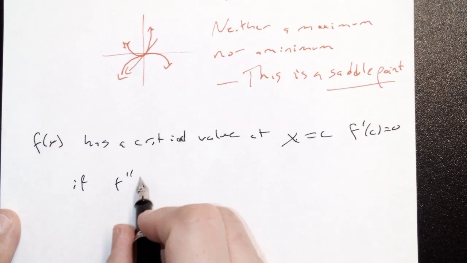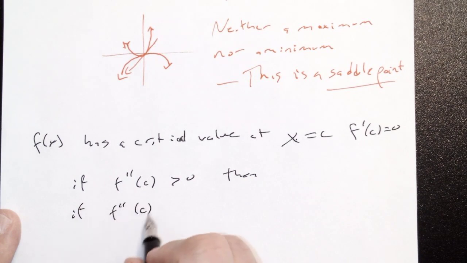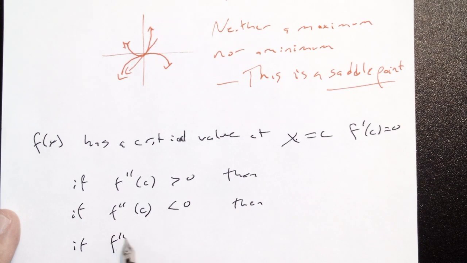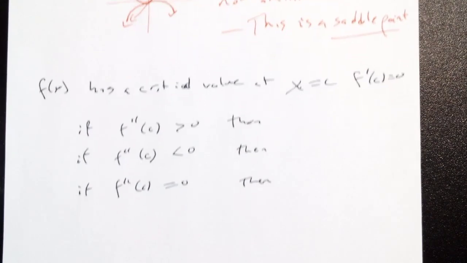If f double prime of c is positive, then... if f double prime of c is negative, then... if f double prime of c equals 0, then... So back in chapter 4, section 3, I think, somewhere in the middle of chapter 4, we've got a discussion about the second derivative test.